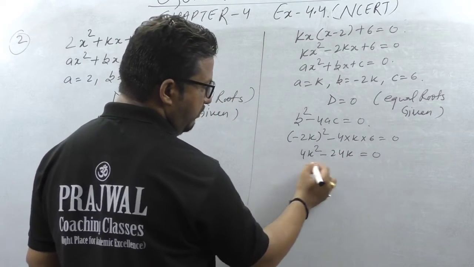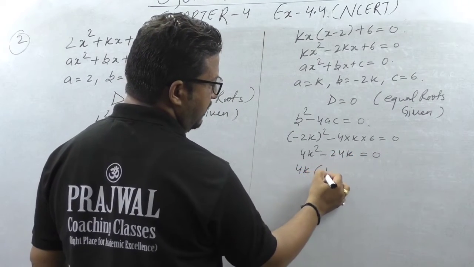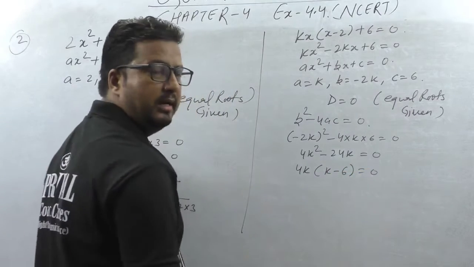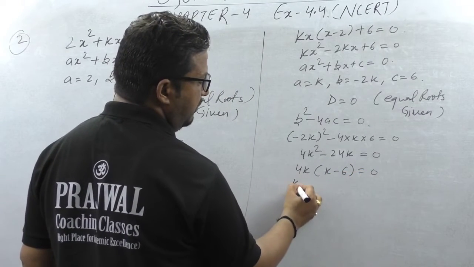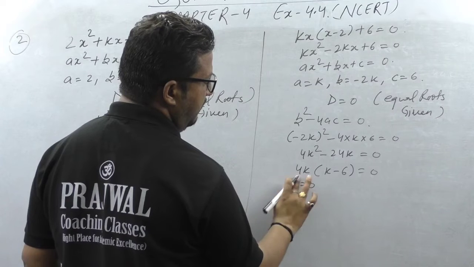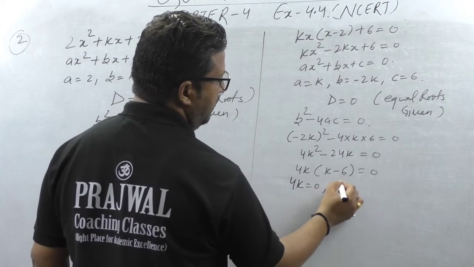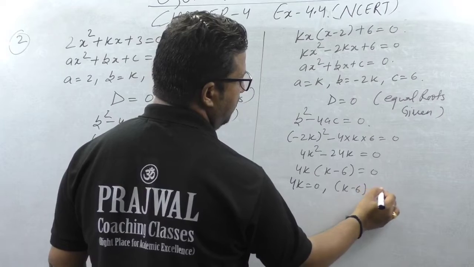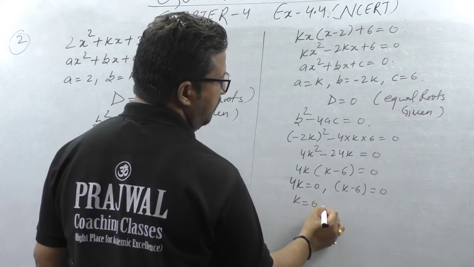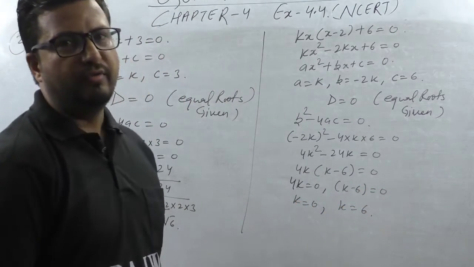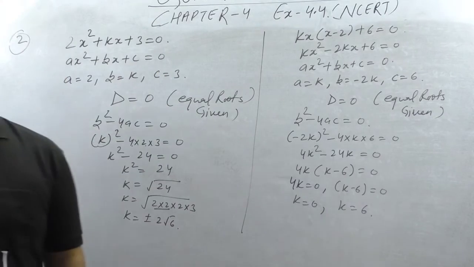So from both we can take common 4k, so it will be k minus 6, since 4 sixes are 24. So from here this will go to 0: 4k equal to 0, and k minus 6 equal to 0. So one value you get k equal to 0, and the other you get k equal to 6. So these are the values of k. Quickly copy it down, everyone.